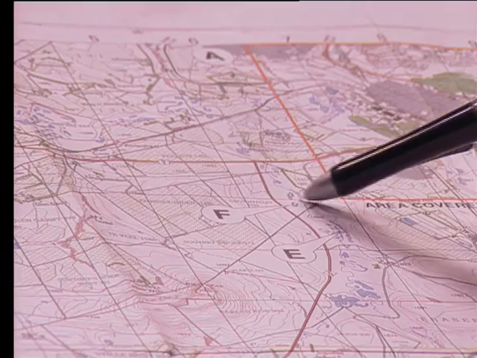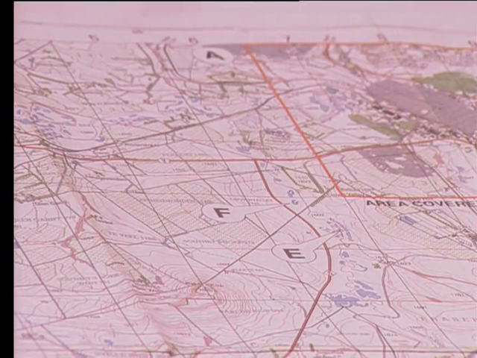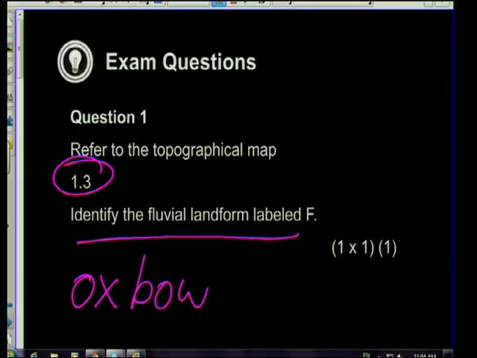What is an oxbow lake? The remaining portion of the cutout of a river system along the course of the river. So when you look at F, can you see that remaining portion of the river? We refer to it as an oxbow lake. Correct, guys? Oxbow lake.